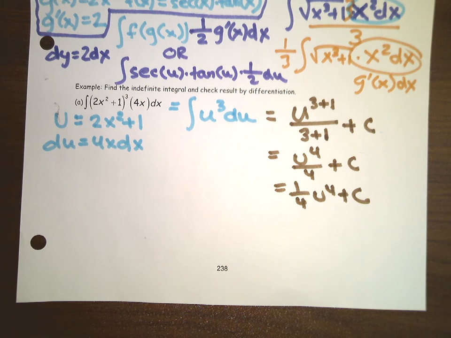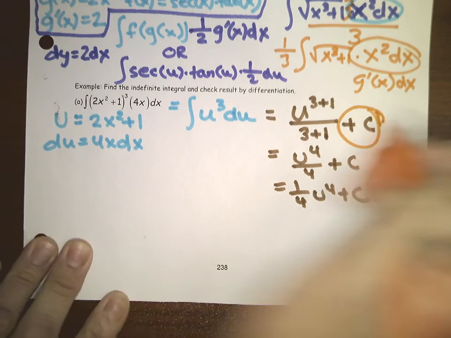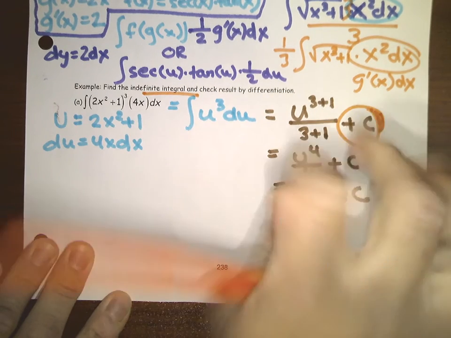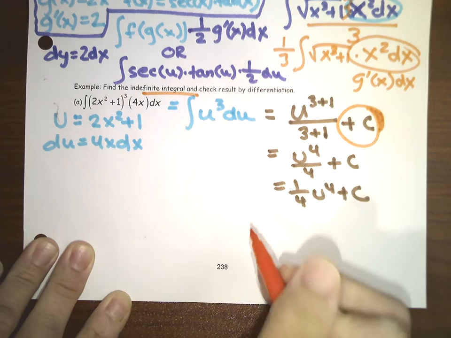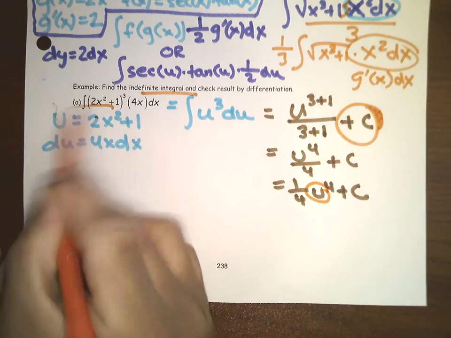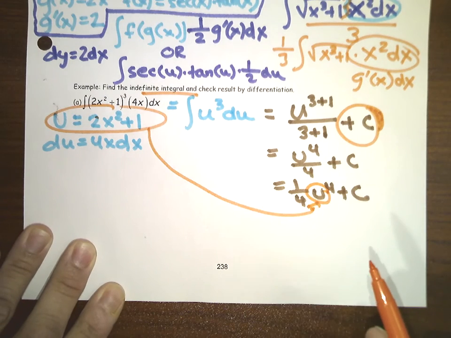The first thing that I want to remind you about, again, is don't forget the plus c at the end for indefinite integrals. And the other thing is, don't forget to substitute what u was back in at the end. So u was 2x squared plus 1.